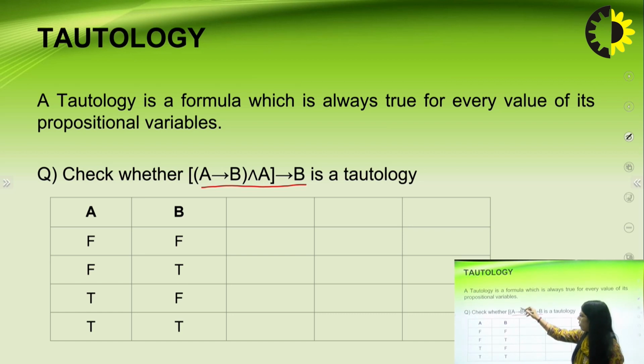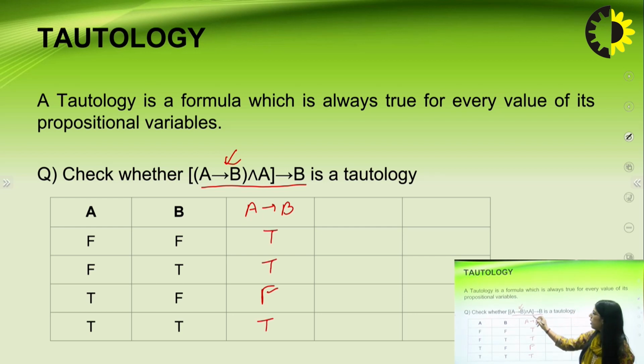Firstly, we find out the inner bracket, that is A implies B. We know in implication the only false value is this one, and the rest of the cases are true.